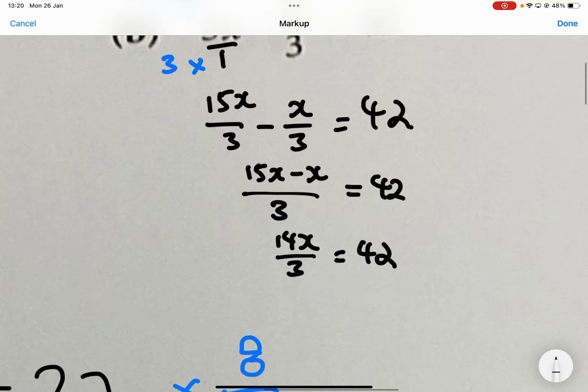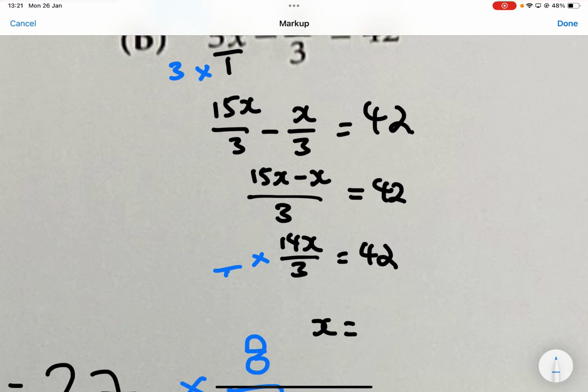Getting to this step is not so difficult. Then what is my final step? What is it that I want on the left? I want 1x. To have 1x, I need to cancel away the 14, cancel away the 3. It is because on the left I want to make 1x.